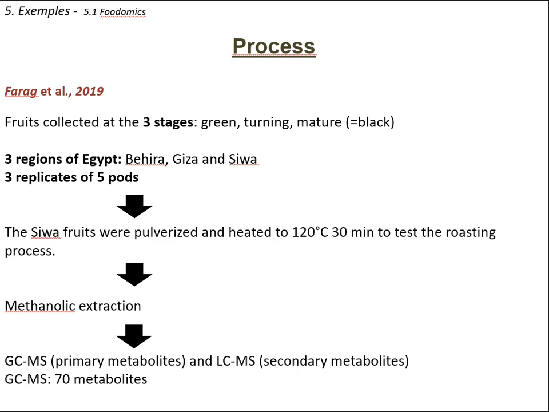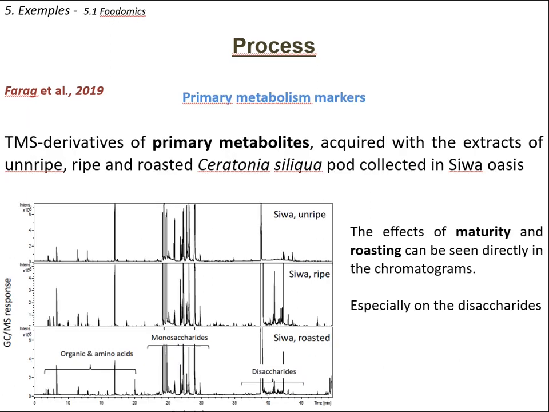Then they extracted the metabolites with methanol, and they made a profiling in GCMS for primary metabolites and LCMS for secondary metabolites. Let's say that they found 70 metabolites in GCMS. They used TMS derivatization for primary metabolites, of course.